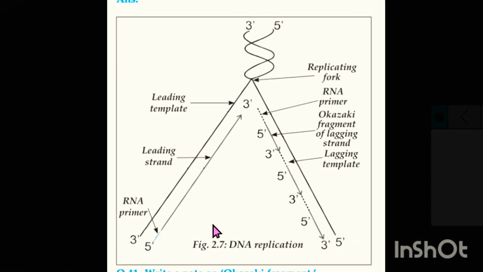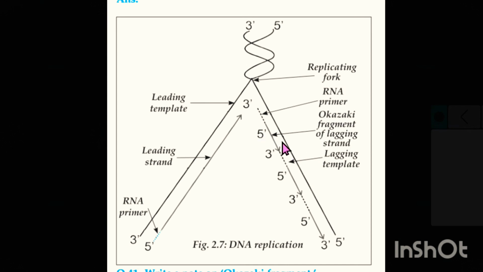This is the leading strand. It means it is led from 3 to 5. This is the leading template, 3 to 5. Let's see the lagging template here, and this is where the Okazaki fragments of the lagging strand are.